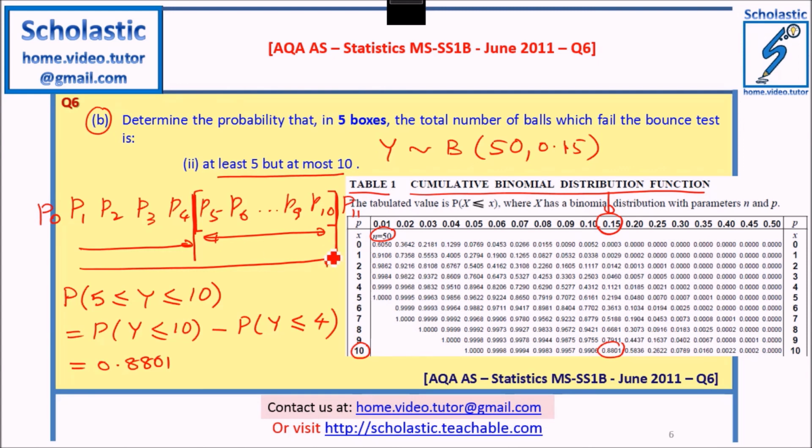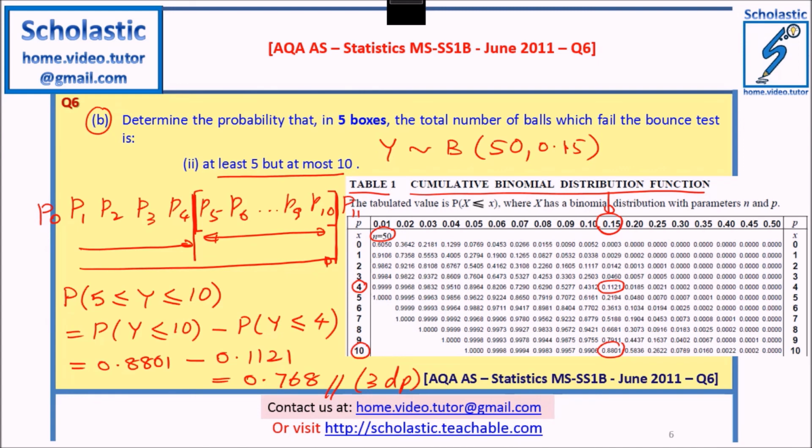So the total area up to P10 is 0.8801 minus the area up to P4. That means go to x equal to 4, find the area, which is 0.1121. So that gives us the answer equal to 0.768 up to 3 decimal points.